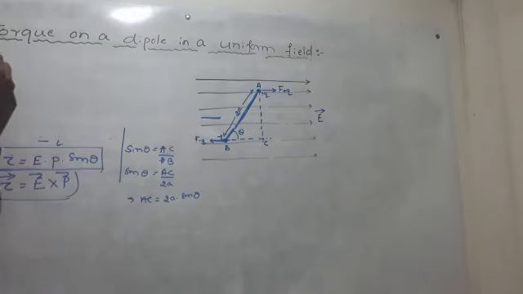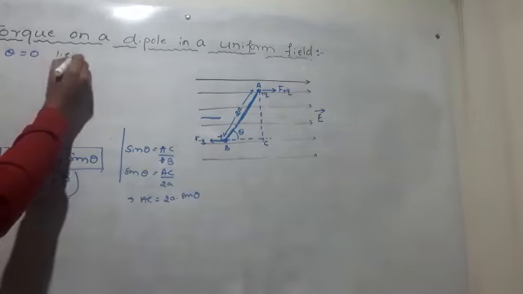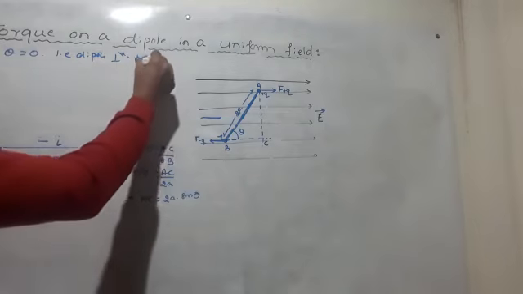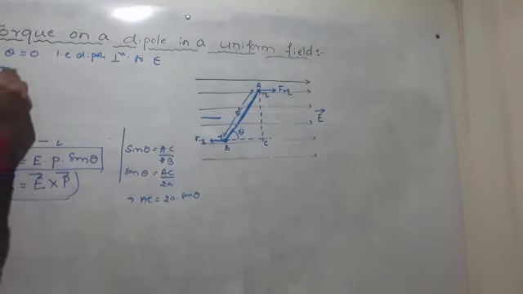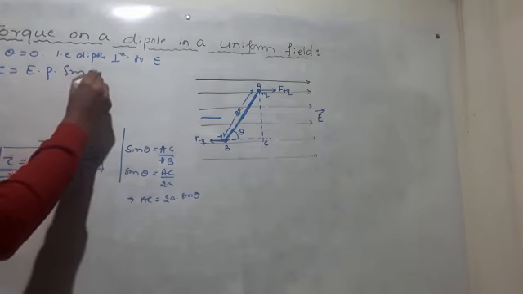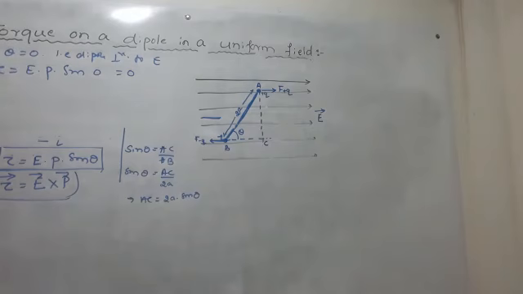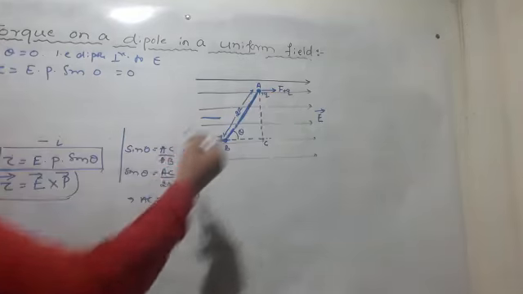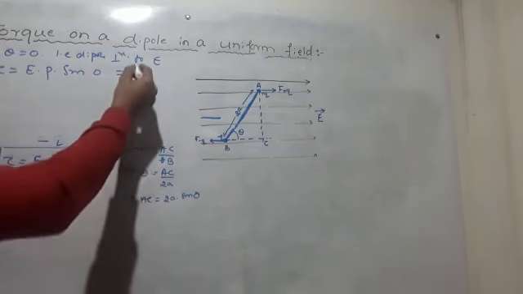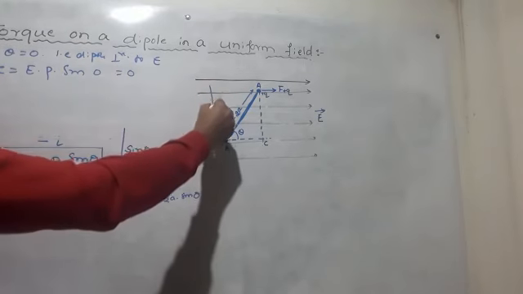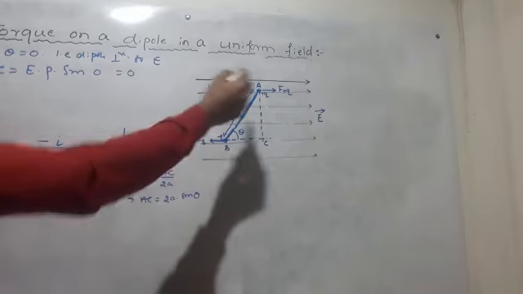Case number 1, if theta is equal to 0, that is the dipole is along E, then tau will be equal to EP sine of 0, which is equal to 0. Therefore, torque will be minimum if the dipole is along the direction of the electric field, and its value will be equal to 0. Now what happens if I place the dipole perpendicular to the electric field?